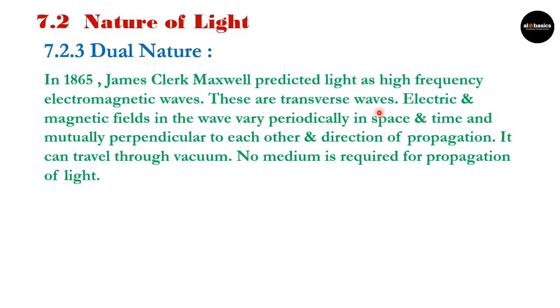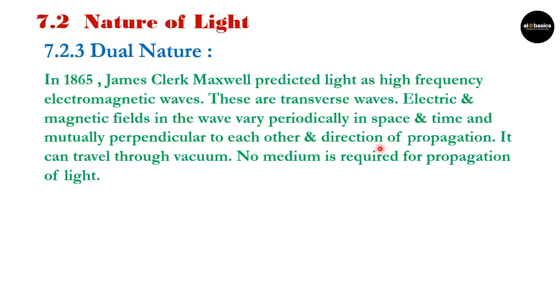Here, Maxwell has considered that these are transverse waves. What are transverse waves? We have studied that in transverse waves, the electric and magnetic fields in the wave vary periodically in space and time, and they are mutually perpendicular to each other, as well as perpendicular to the direction of propagation.